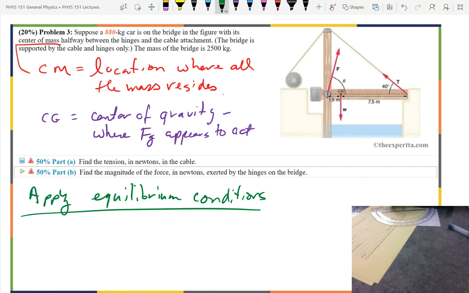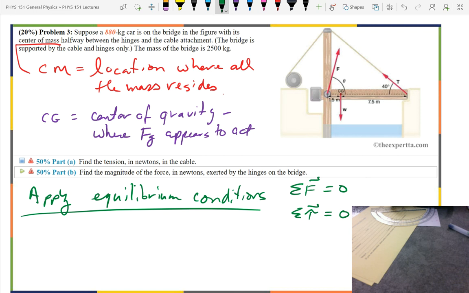Now keep in mind, it could be rotating at a constant rate, and that's an angular acceleration of 0. But usually we're doing these as static problems, hence the name of the class Cole's taking, statics. In a static situation, the acceleration and the angular acceleration are both 0. So we're going to have the sum of the force vectors equal 0 and the sum of the torque vectors equal 0.